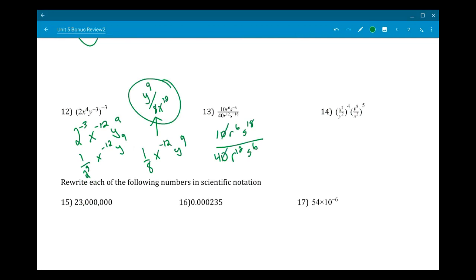Canceling 10 and 40 to 1 and 4, and then canceling 6 of those with 6 of those, canceling 6 of those with 6 of those. We would have 12 s's left on top because 6 of them canceled from the denominator, a 4 left in the denominator, and 6 r's left in the denominator because 6 of them canceled with up top.